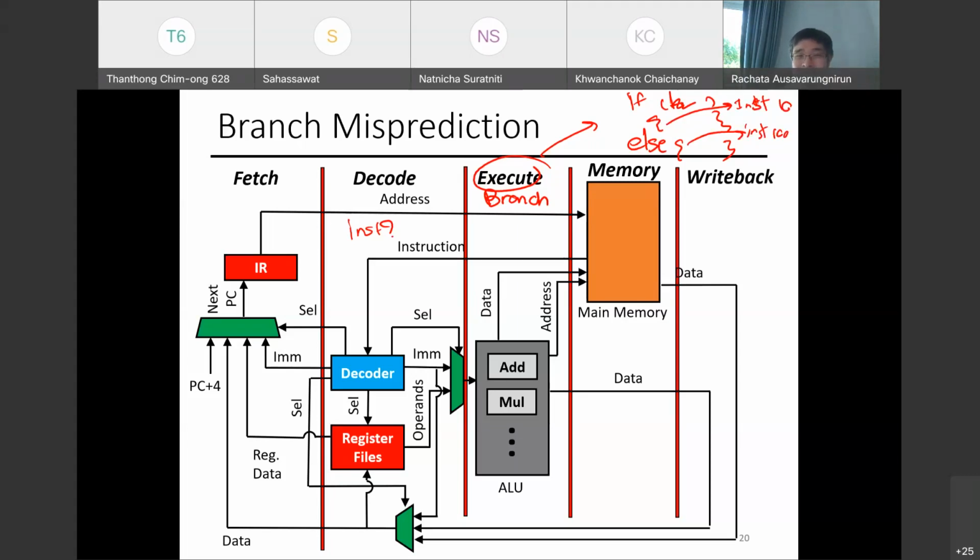Basically, right now, I'm trying to figure out, do I take the if or do I take the else? So it means that I don't know what my next instruction is. So I don't know what would be in my decode. I also don't know what would be in my fetch. Right? With me so far? Any questions here? Because in the execute stage, I'm trying to figure out inside that if else clause, is that true or false?